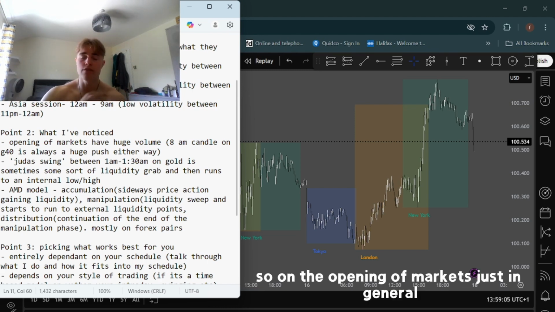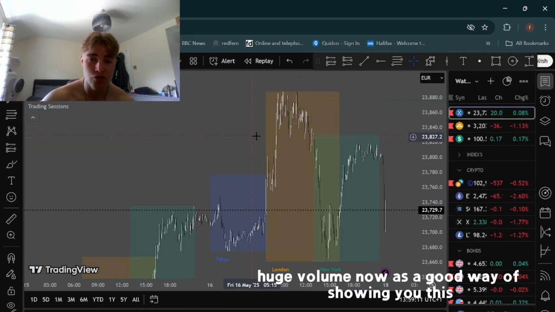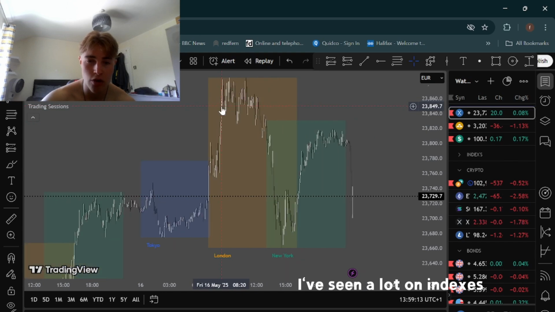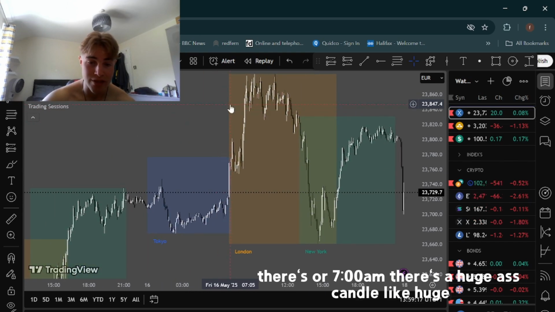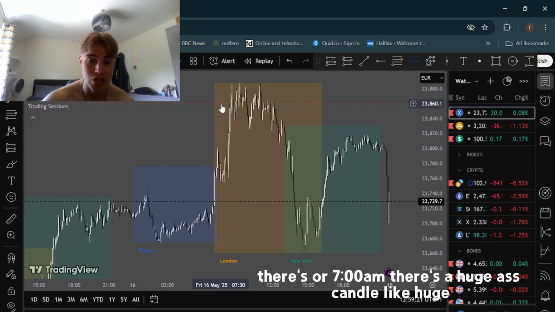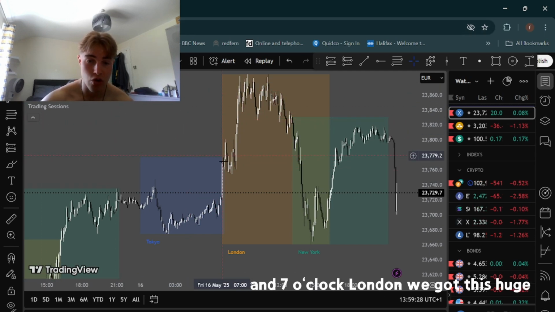On the opening of markets, in general, there is normally huge volume. A good way of showing you this: I've seen a lot on indexes, especially when it turns 8 a.m. or 7 a.m., there's a huge candle. Here we're on German 40 on the 5-minute time frame, and at 7 o'clock London we got this huge candle.